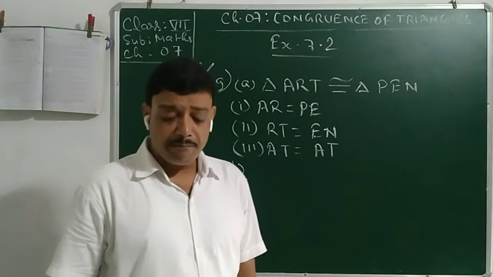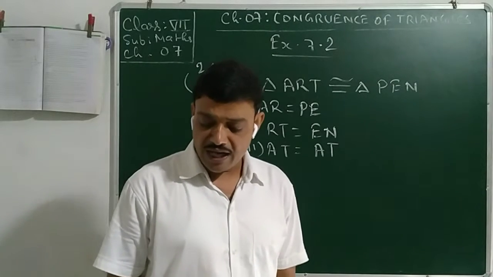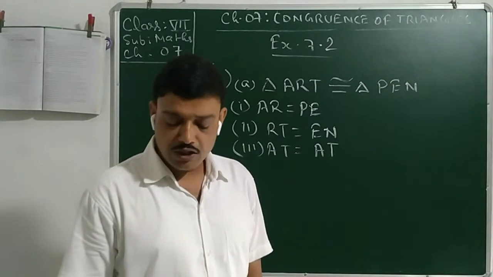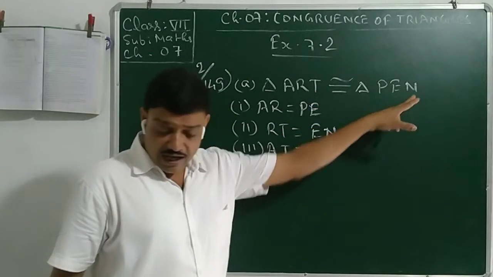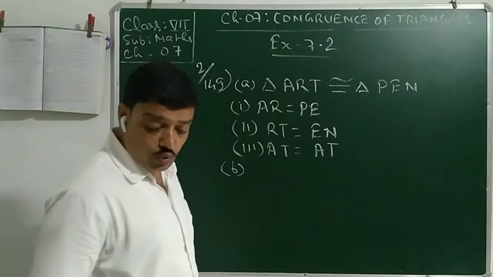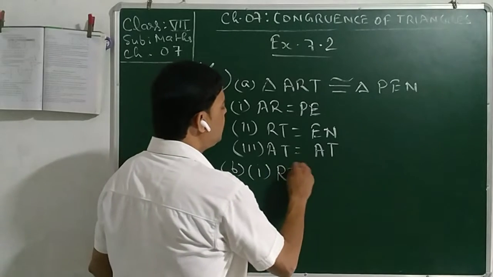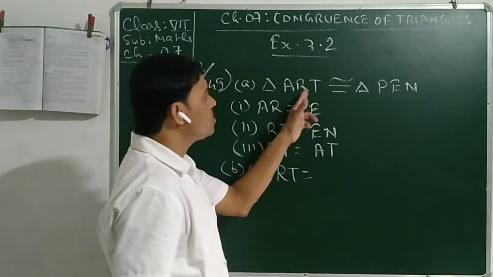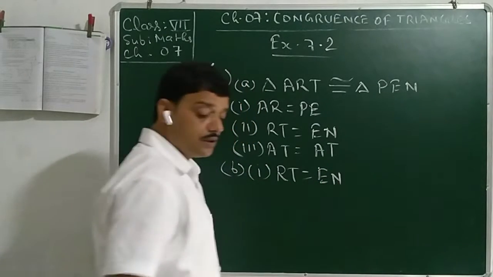Now come to part B. It is given that angle T equals angle N in these two triangles. Angle T and angle N are given as equal, and we need to show that RT equals, of course, once again RT equals EN.